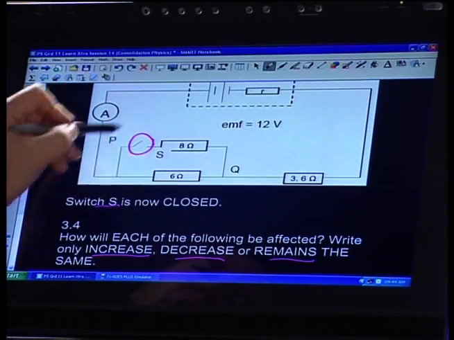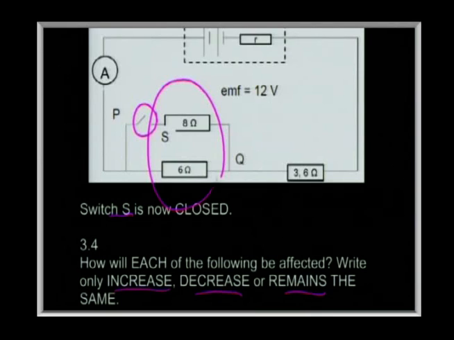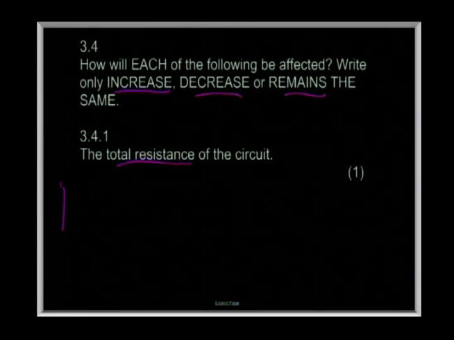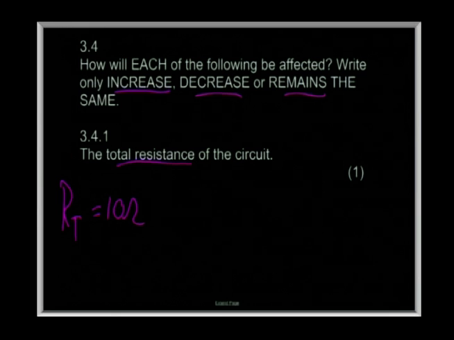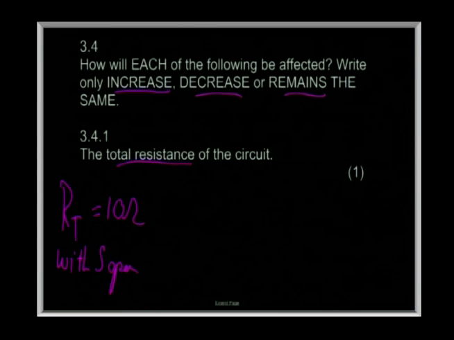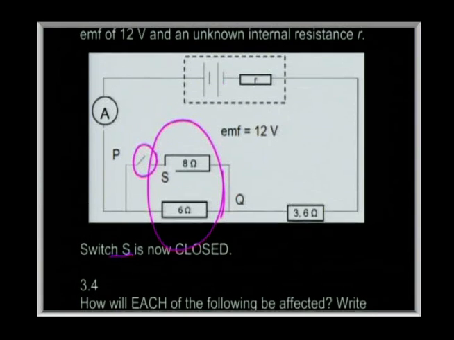So if we close this, then these two resistors become parallel parts of the circuit. Remember, our total resistance previously was 10 ohms. Very important. That was with switch S open. So now the internal resistance is not going to change.